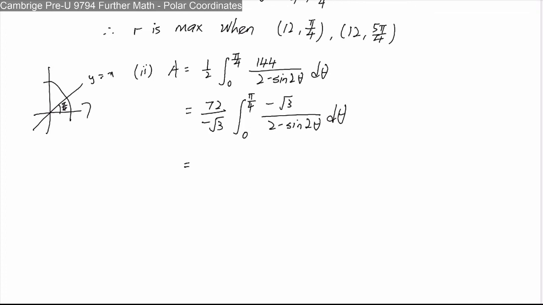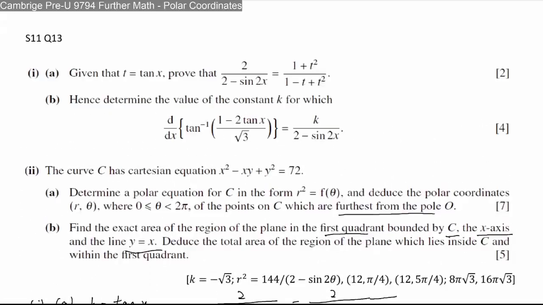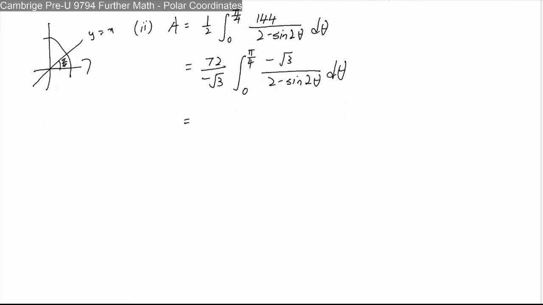But the previous result has already helped us. We have this k here, which is negative root 3. We know that when we integrate this one, we will get this result, so we can just apply the result from there. We have 72 over negative root 3, and the result is arctangent of 1 minus 2 tangent theta divided by root 3, this whole thing.